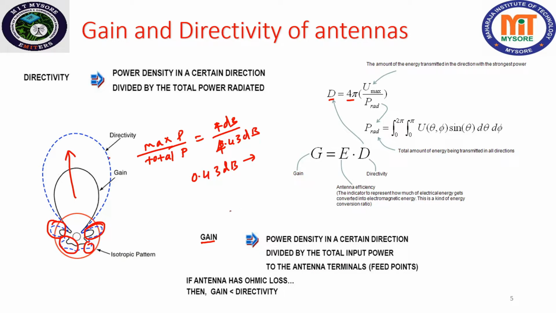So gain is power density in a certain direction divided by total input power.